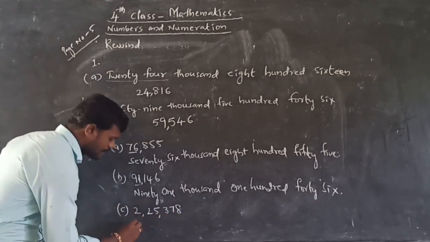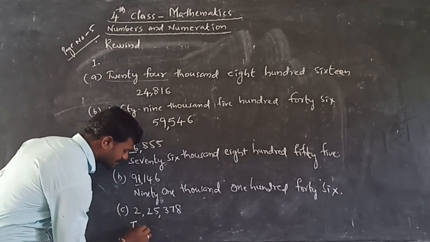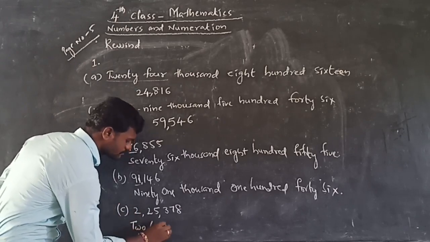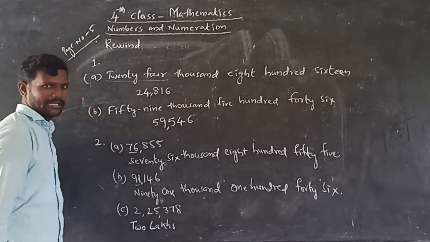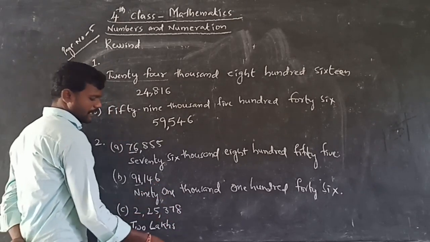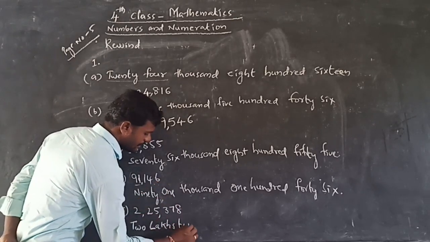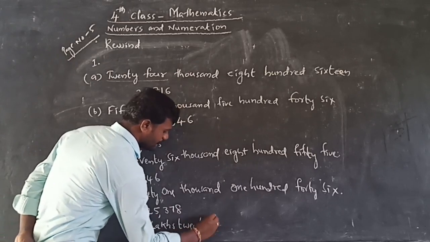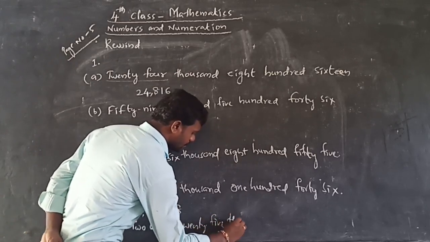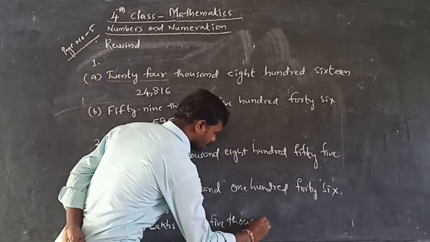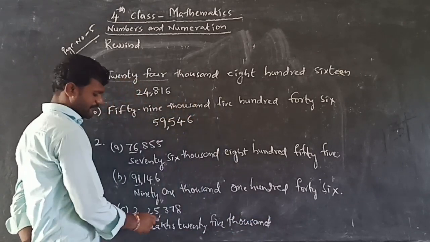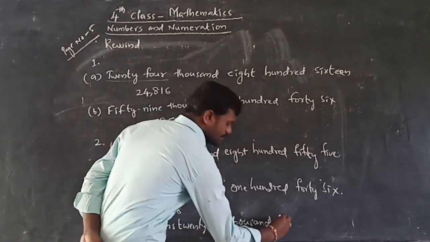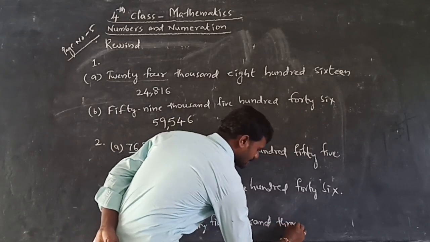Lakhs place. So what do we have to write? 2 lakhs. Next these are thousands. How many thousands? 25,000. 2 lakhs 25,000. Next one word, 378.